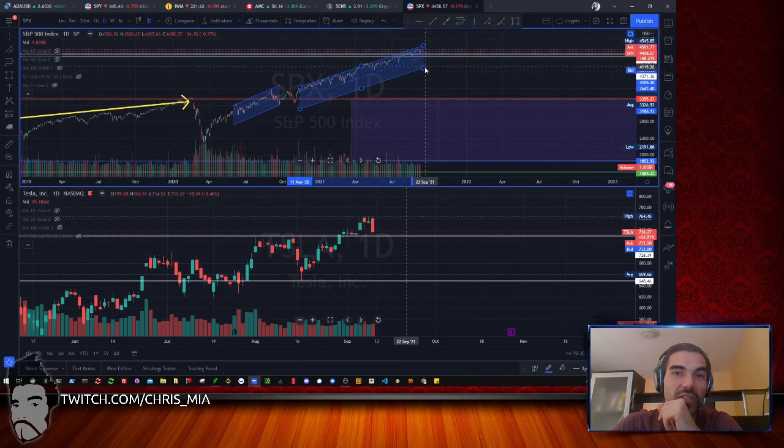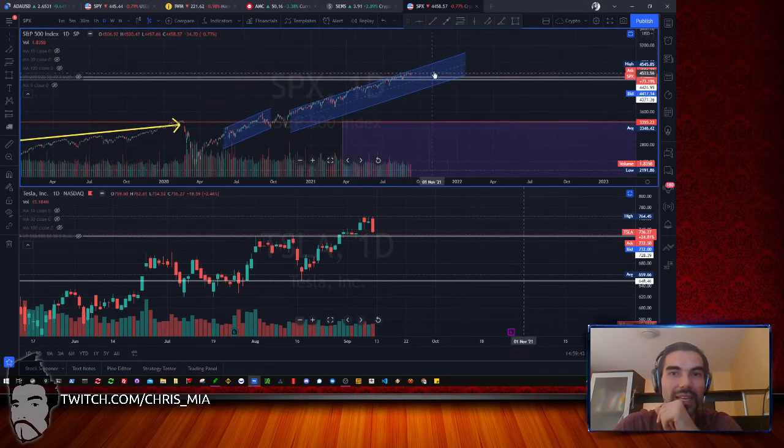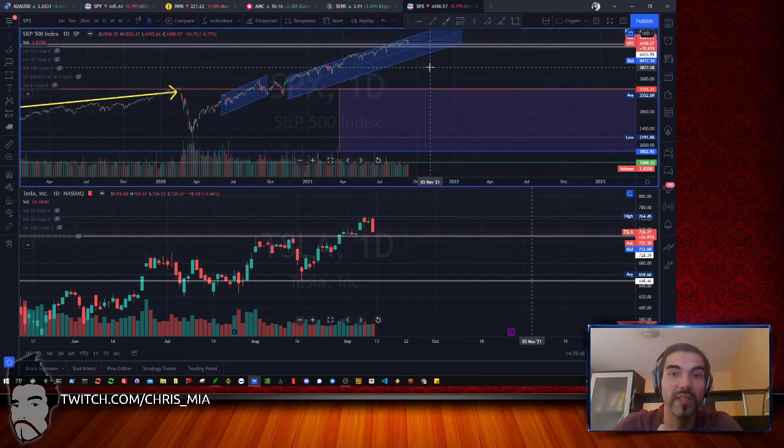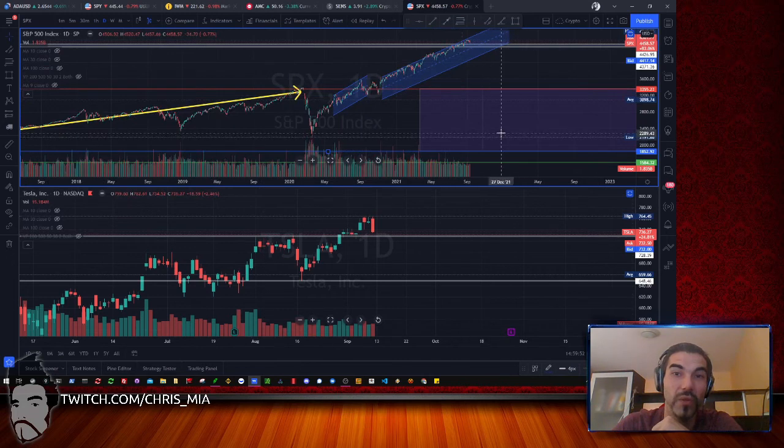If we have a correction to here and it bounces back up, we're continuing on the trend. We might continue going up and we can extend this, and we'll have a guideline for where we're going to go next. But if we break below this, we are looking down below for those huge correction spaces.